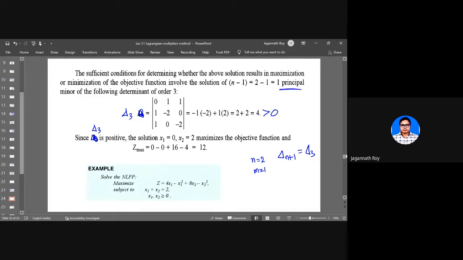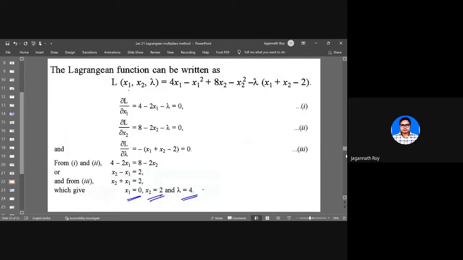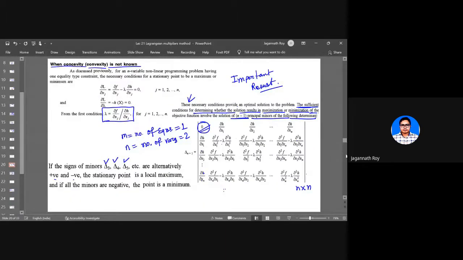Okay, so it is sufficient to verify only one principal minor, n minus 1. Remember, it says it is sufficient to verify all the n minus 1 principal minors because we have only two variables. So 2 minus 1 principal minor, it is sufficient to verify only one.